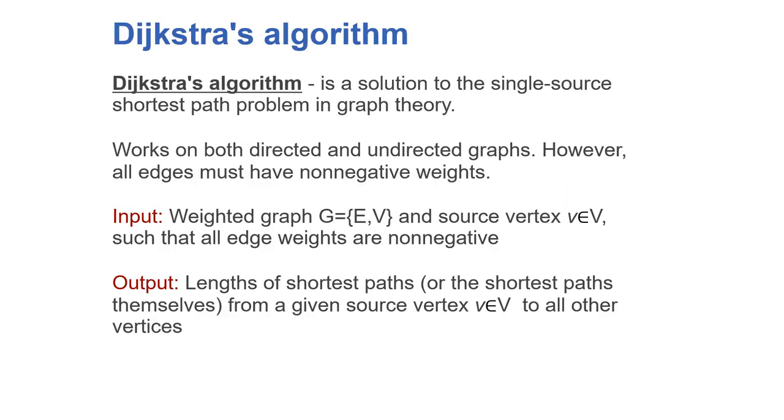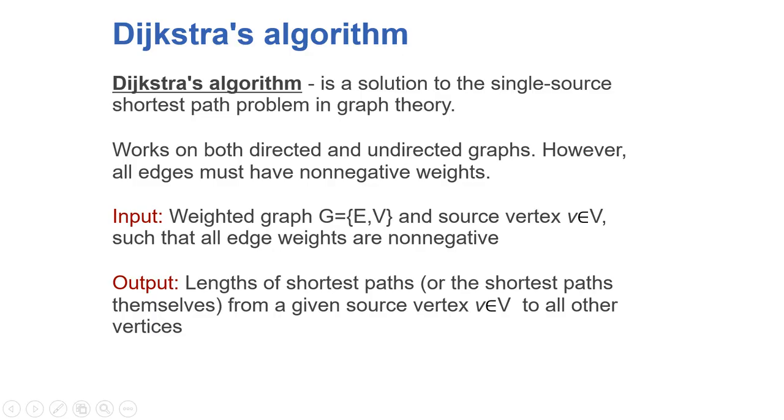As I said, it can also be viewed as a single source shortest path problem, because all node distances we are going to calculate from a given source node. The intermediate vertices for a given path also have the shortest distances.